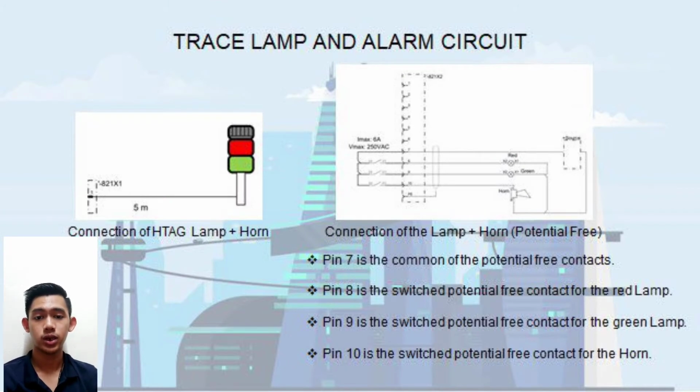Assalamualaikum warahmatullahi wabarakatuh. Today I will explain two tracing tasks, which are trace lamp and alarm circuit and trace interlock system. For the first task, trace lamp and alarm circuit, there are two types of lamp and alarm circuit ports connected to the frequency converter, which are Lamp Plus On and Lamp Plus On Potential Free.